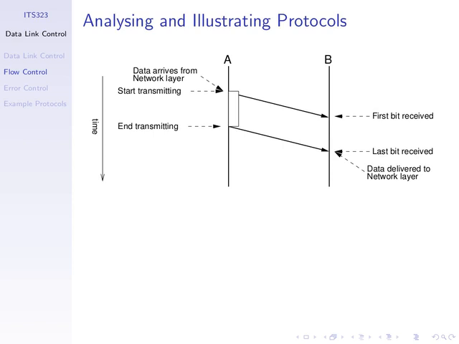The delay to deliver the data from A to B, if we start at this time, then the data is delivered at this time. So we can visualize the delay starting from here, finishing here. And in some examples, we'll put numbers to that.